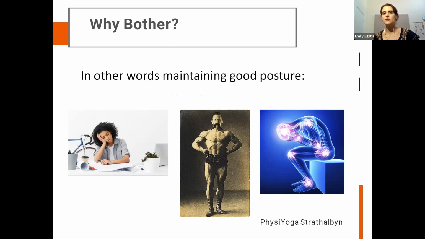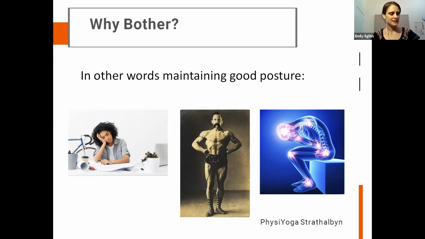So if you're sitting with your chin poking forward, you're going to load certain structures in a way that can make them painful. It also takes more energy. If your muscles are constantly having to work to hold you up, whereas gravity could do that job if you were stacked nicely, then you're going to be more tired because you're using more energy.